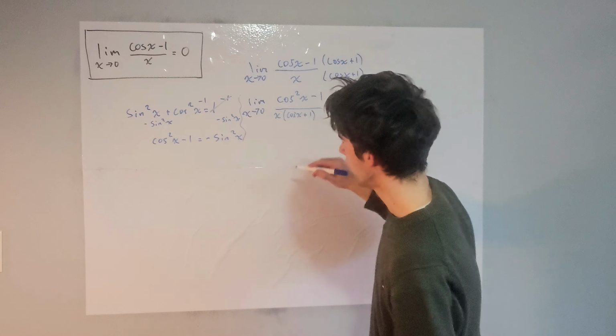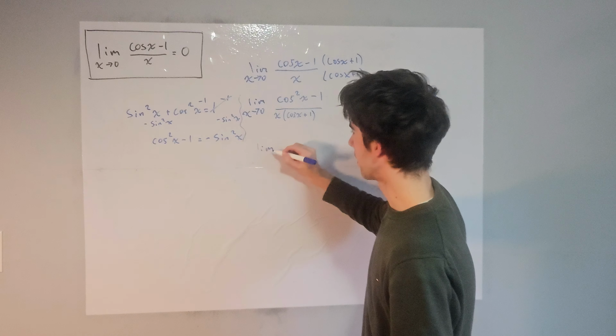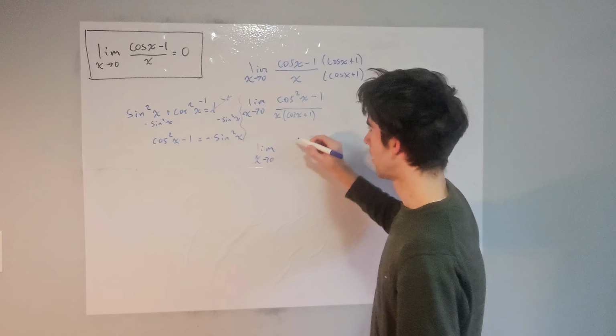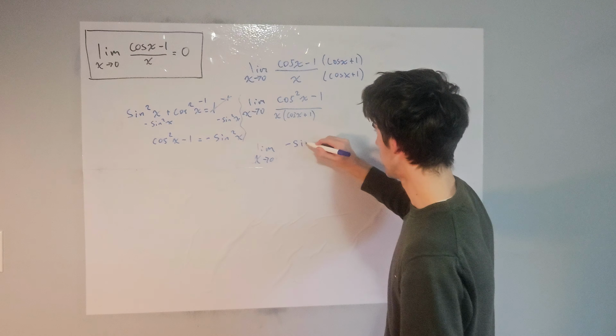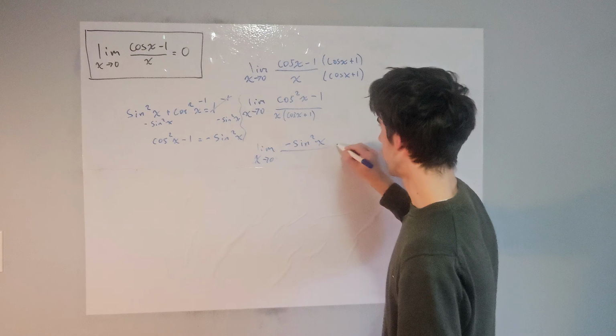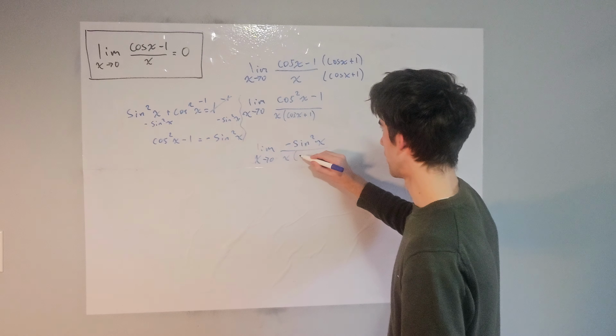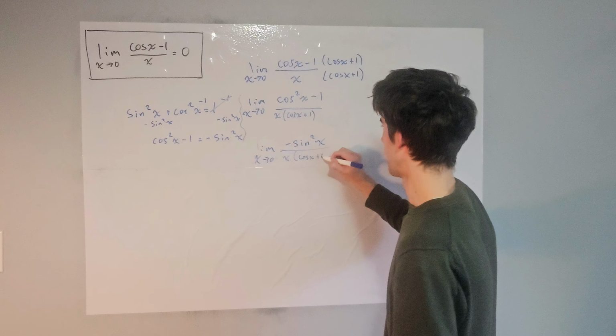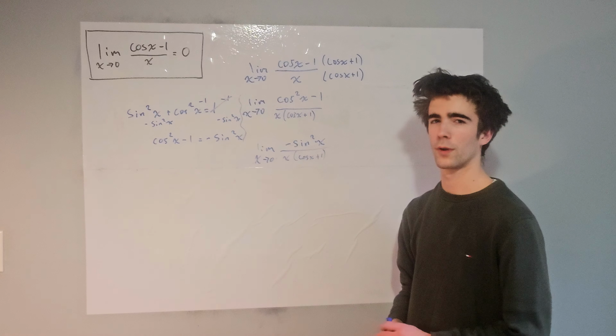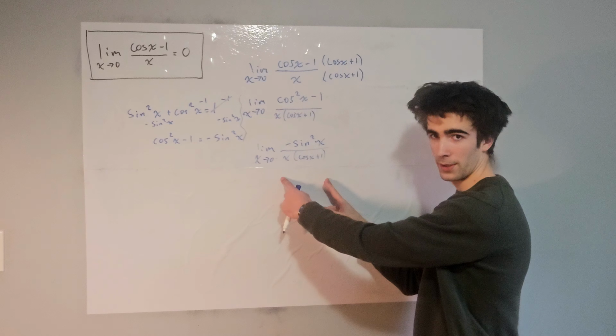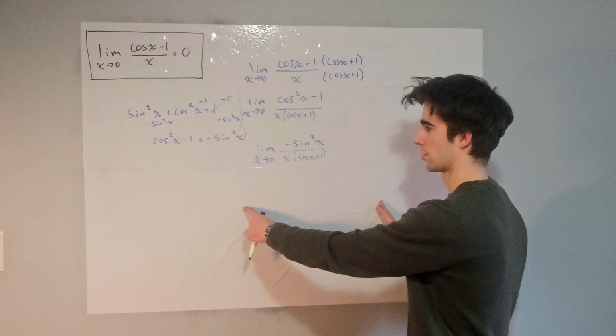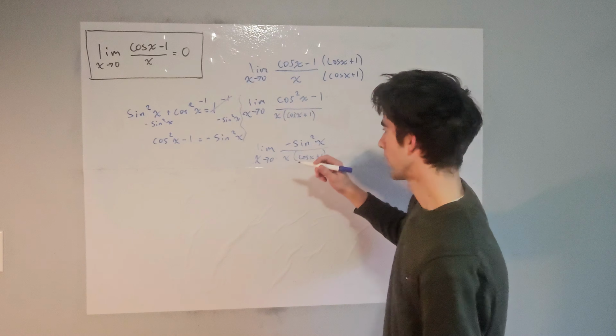Getting a little messy. But we have the limit as x approaches 0 of negative sine squared x over x times (cos x plus 1). Here is where we're going to split apart this limit into two limits that are multiplied by each other. So here's what we're going to do.